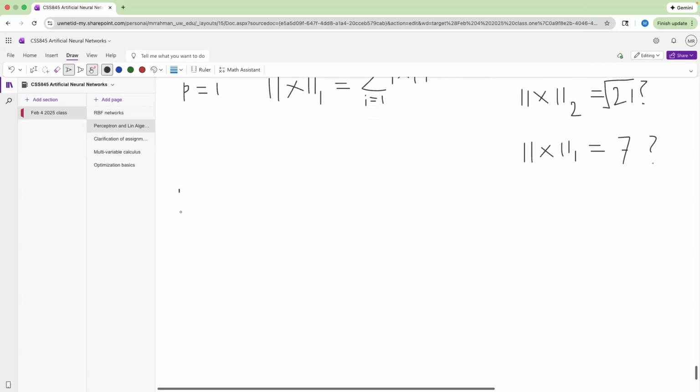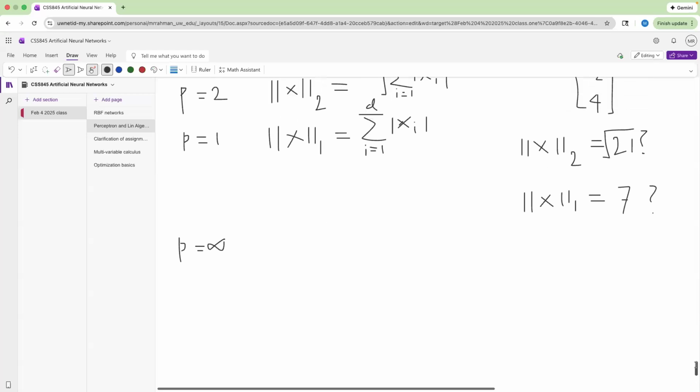The other interesting norm is the infinity norm. This is a very interesting norm. So how do you define it? Let's see.